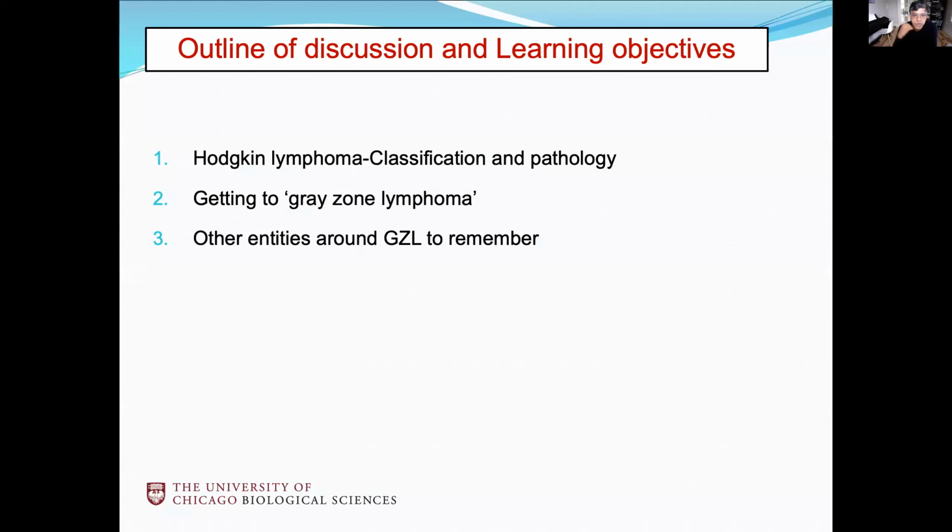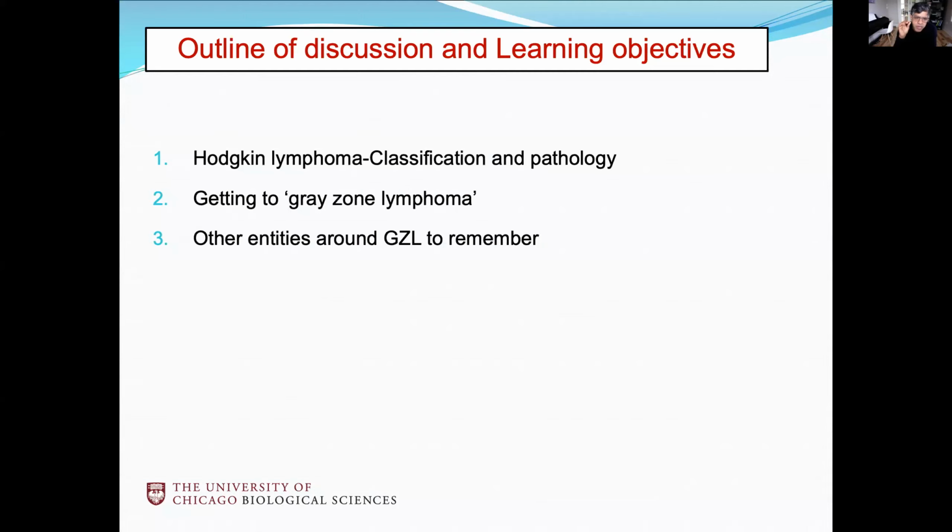So the outline for today is going to be a discussion of Hodgkin lymphoma classification and pathology, which is definitely important for all of you to know. And then we will get on to the so-called diagnosis of gray zone lymphoma, which is something that is being recognized more and more often these days. And it has implications for treatment to be able to get to a diagnosis of gray zone lymphoma.